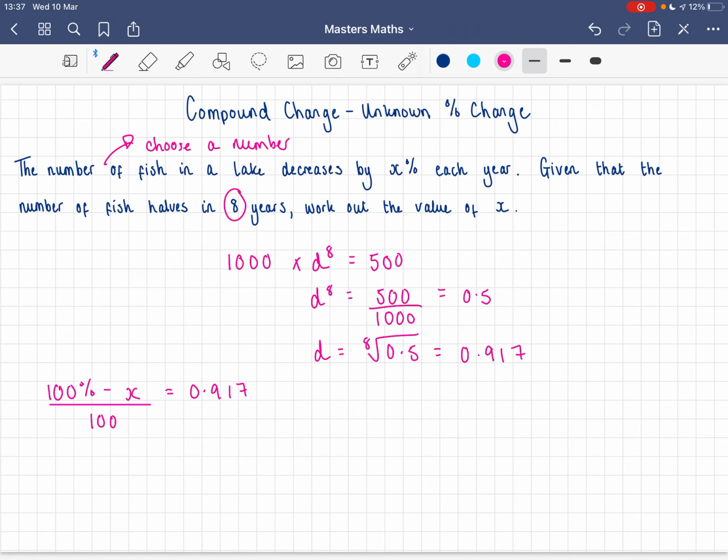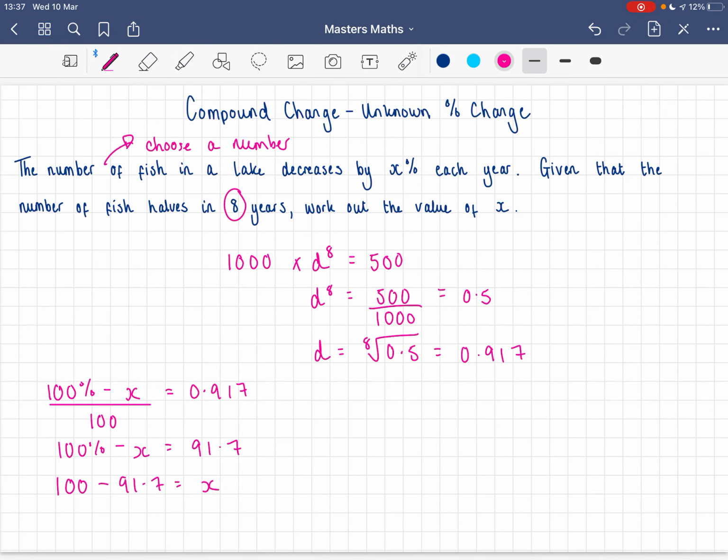Now again, some of you will look at that straight away and be able to work it out. Some people will need to use this formula. Times it by 100, so I get 100% minus x equals 91.7. And I need to know what x is, so I'm going to swap the 100, the x and the 91.7 over.